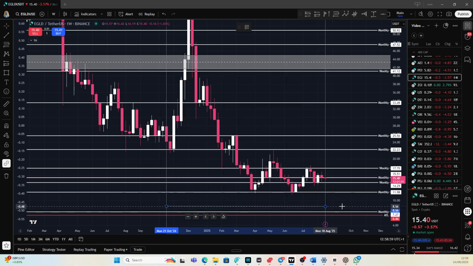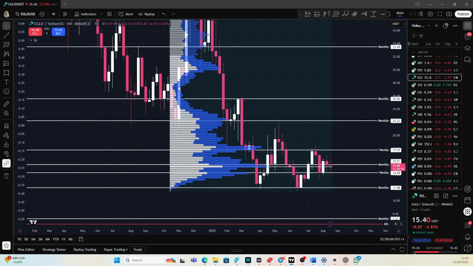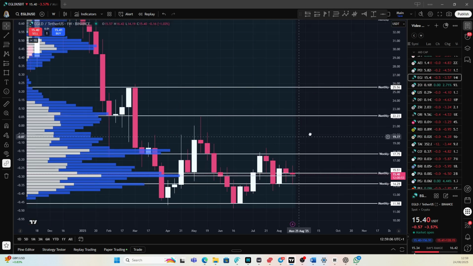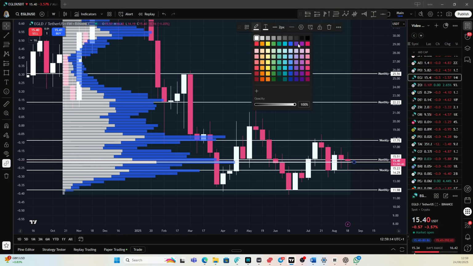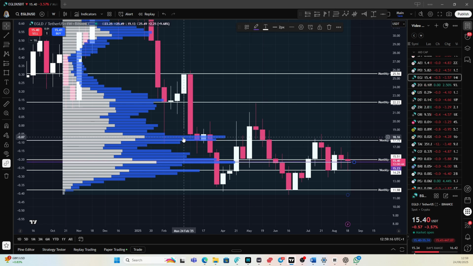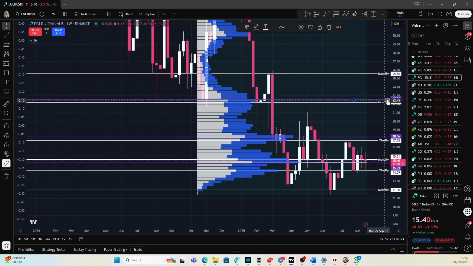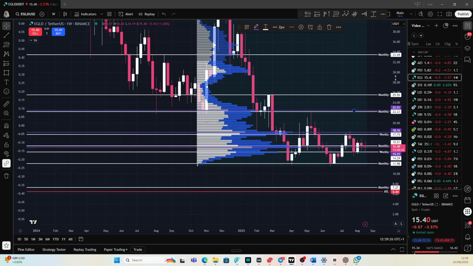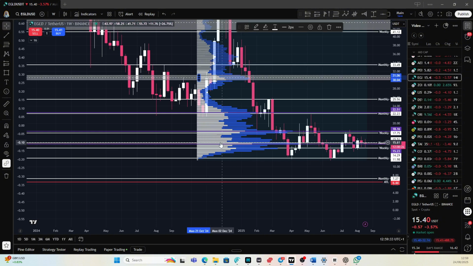So if we stretch this across to cover this bit, we can see we have this point of control just below the monthly here. So I will Alt-H to cover there, and I will put a purple line. We also have an area there, this one just above the monthly before a bit of a void, and then we can see there's quite an interesting area here that we can just box out.